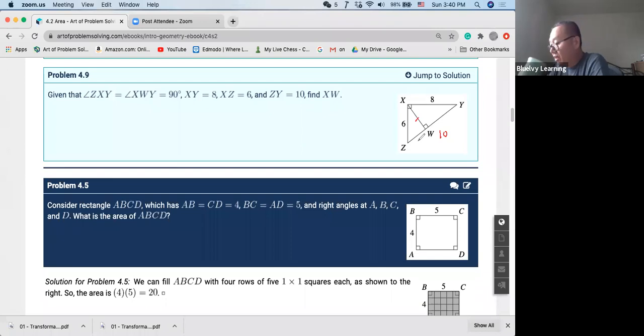Okay, everybody found the XW? Everybody do this on your scratch paper. Send me your answer. This one is very easy. Let's see who got an answer.